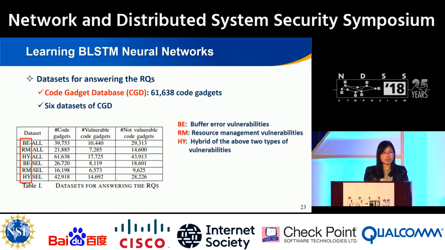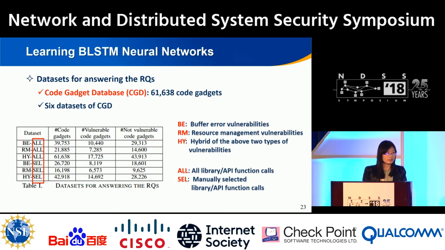BE and RM focus on a single type of vulnerabilities, and HY represents a hybrid of the 2 types of vulnerabilities. ALL and SEL represent the scope of the library API function calls. ALL represents all library API function calls, and SEL represents manually selected library API function calls related to vulnerabilities.